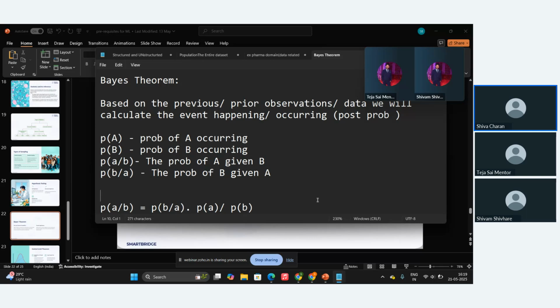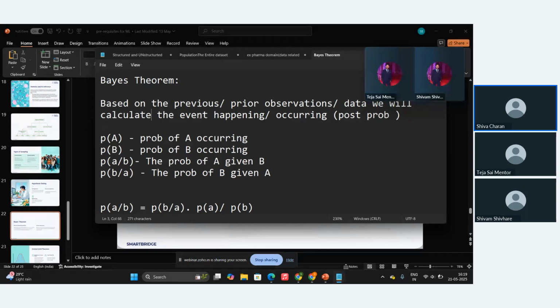Probability, in simple terms, is nothing but calculating things, or finding out and calculating the event occurrence. Based on the previous observations, the data will be calculated along with the events which are happening.